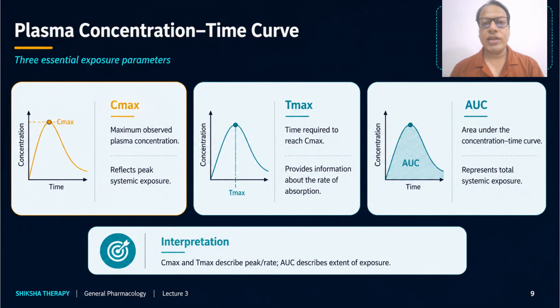Tmax is the time required to reach Cmax, and AUC, area under the curve, represents the total systemic exposure to the drug. Simply interpretation is Cmax tells us the peak concentration, Tmax gives information about the rate of absorption, and AUC tells us the overall extent of drug exposure. These parameters are very important in pharmacokinetic and bioavailability study.